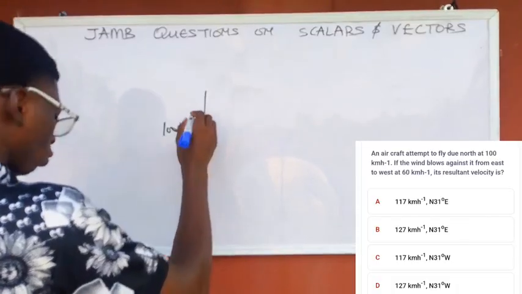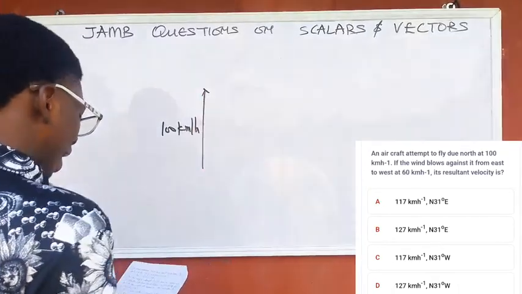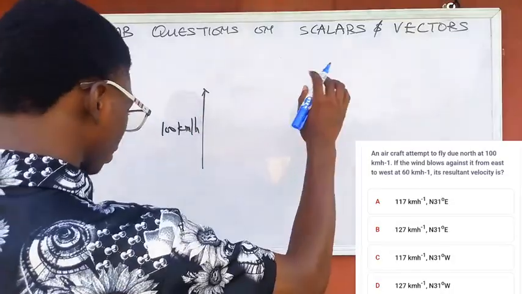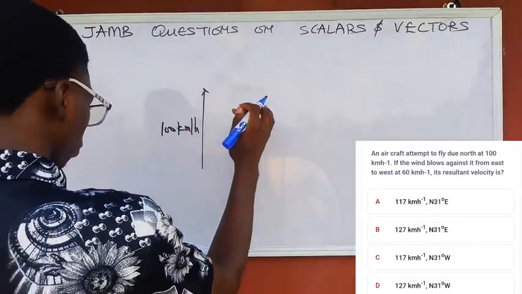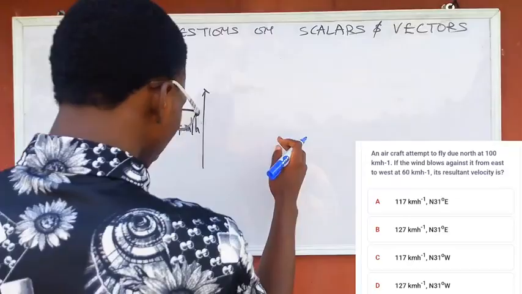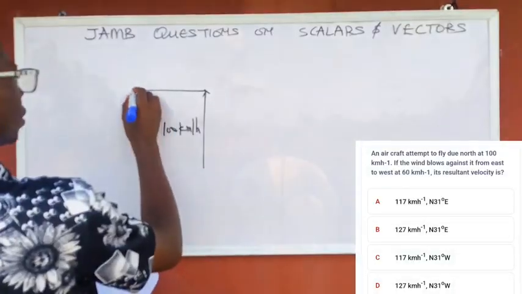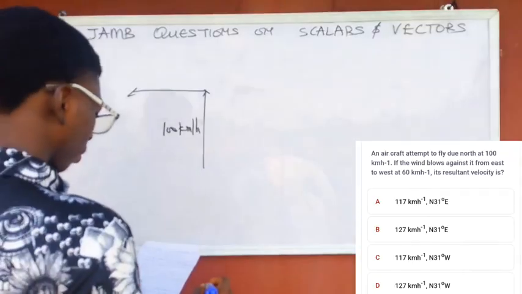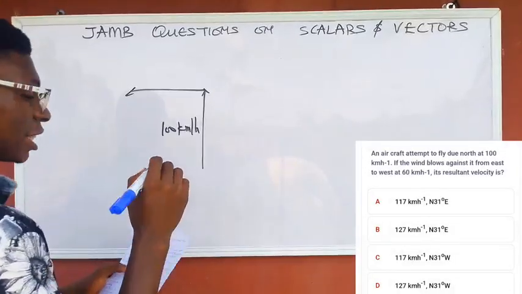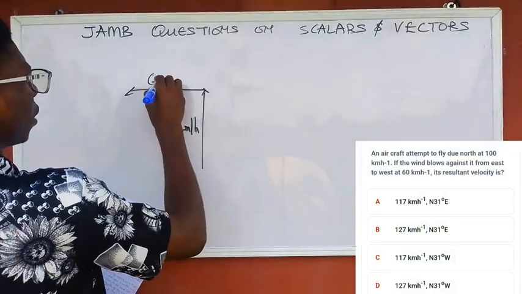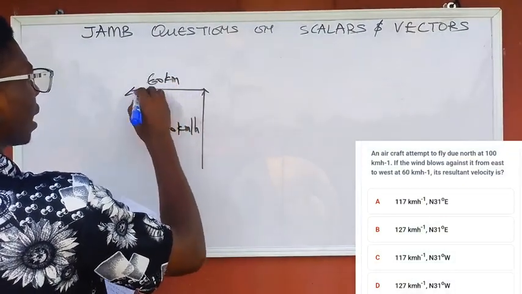And then the wind blows against it from east to west. So the wind is blowing in this direction, from east to west. This is the direction of the wind, right? And the speed of that wind is 60 kilometer per hour.